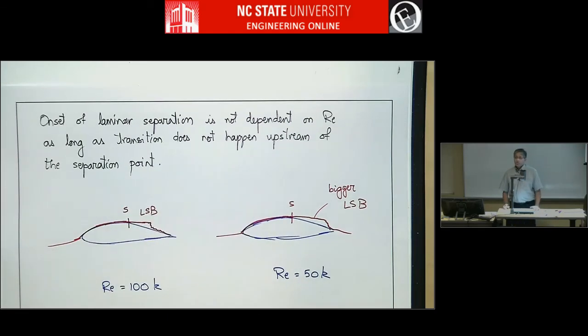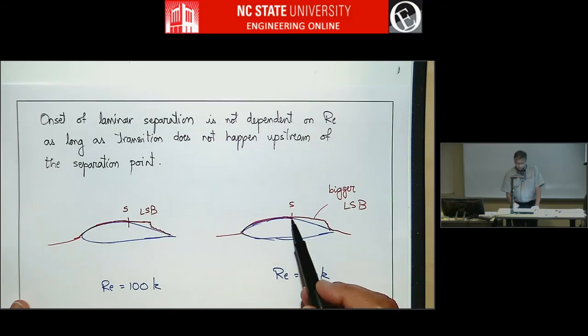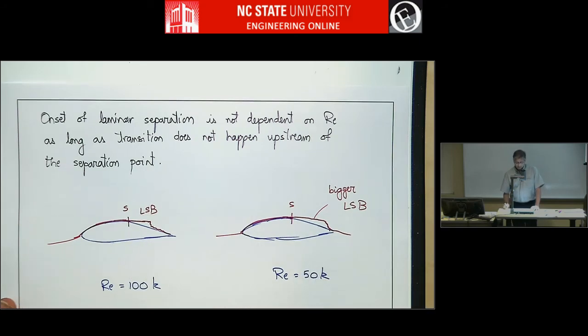So that's true in these two cases. The laminar boundary layer comes all the way to this point while being laminar, and so it becomes separated laminar flow.